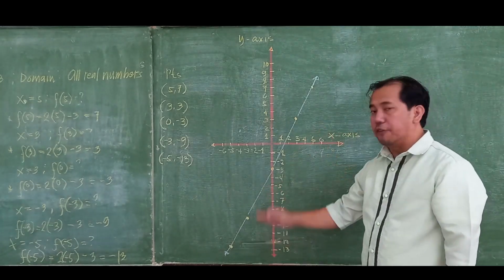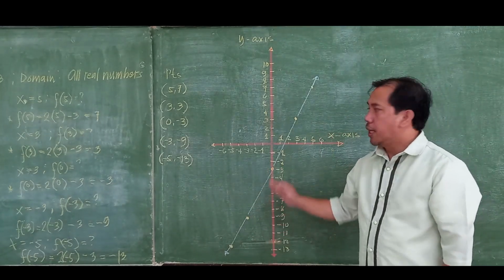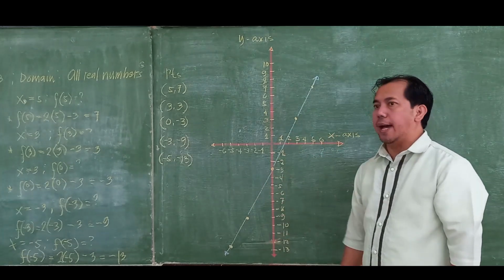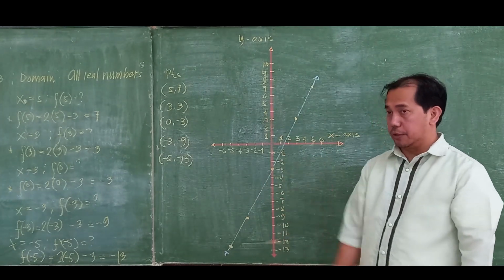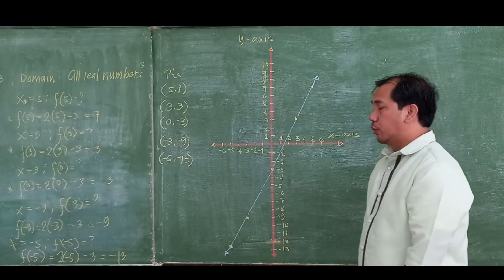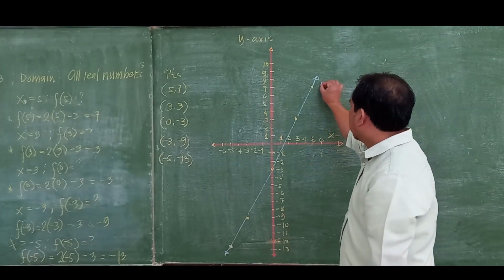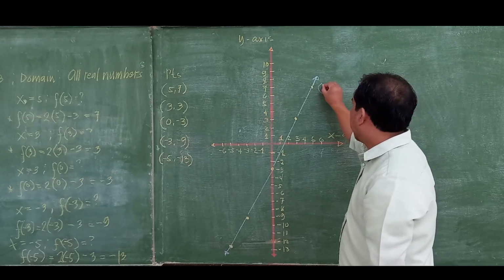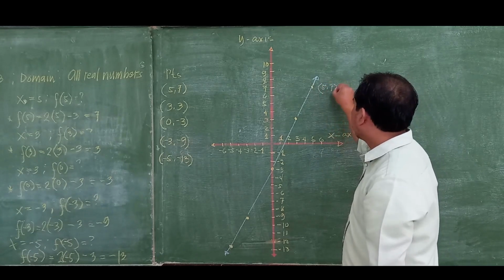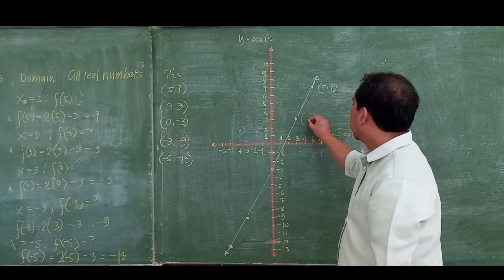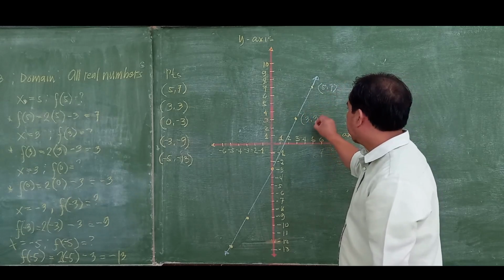Now, after plotting the points and connecting them with your line, there's a time that you label them. What do I mean by label? Label the points. What is the name of this point? That is named 5 and 7. How about here? 3 and 3.